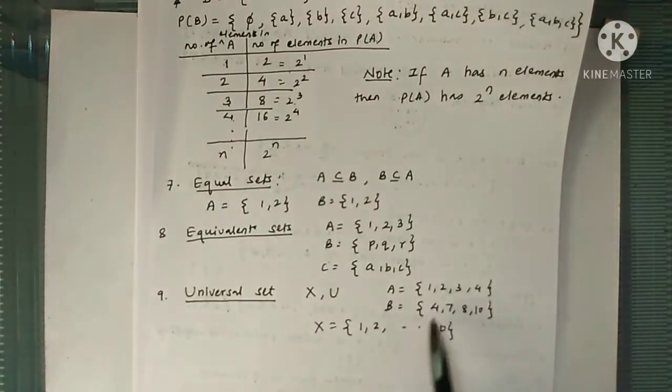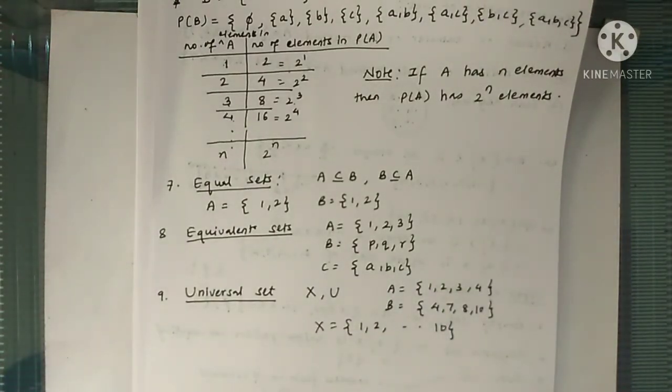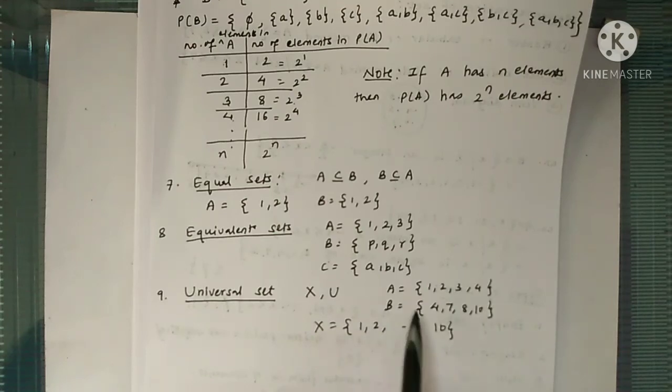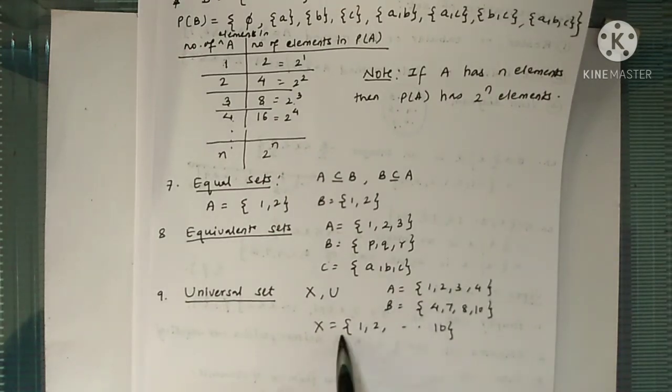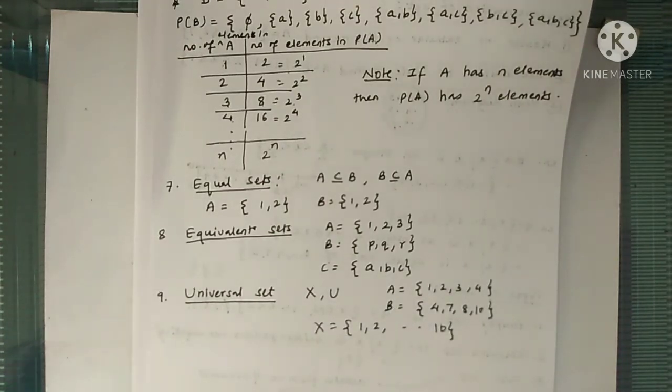So A and B are subsets of this universal set X. Sometimes the universal set is specified, and if it is not necessary, then it is not specified. If it is specified, then only we can take that universal set. Otherwise, we can take any set.